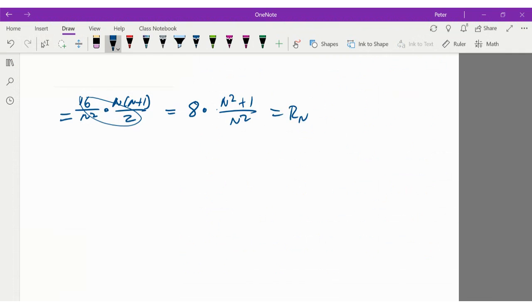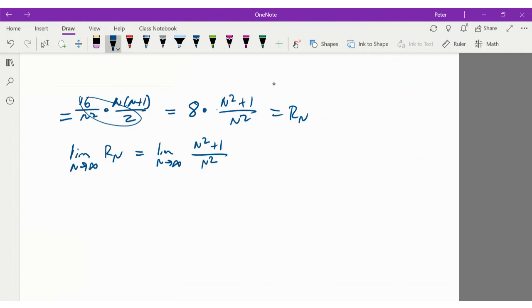We've already seen the theorem that says the limit of Rn is going to give us the exact area. So the limit as n approaches infinity of Rn is equal to the limit as n approaches infinity of 8 times n squared plus n over n squared.